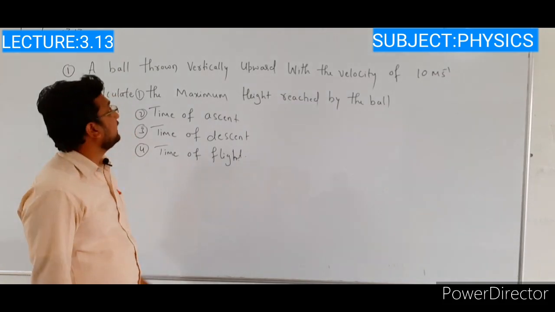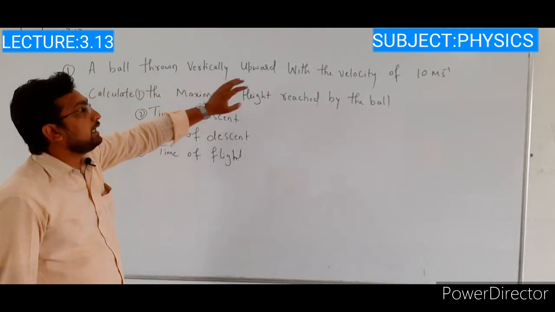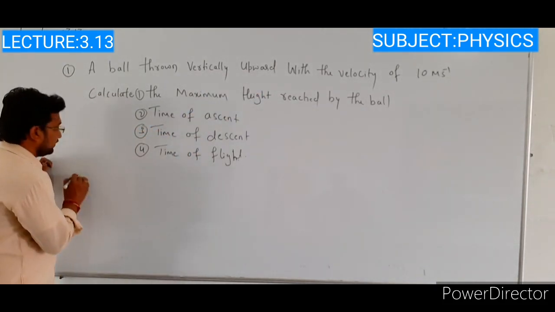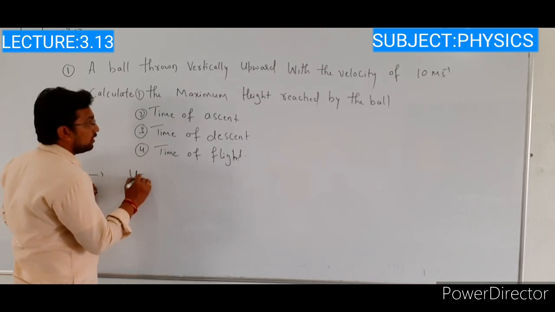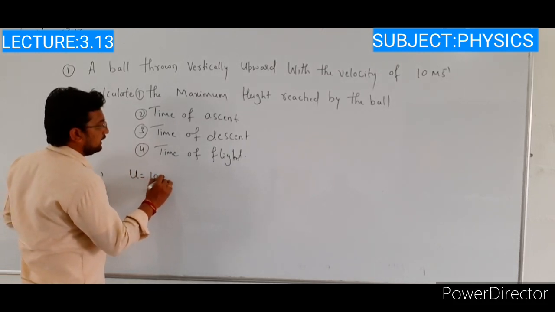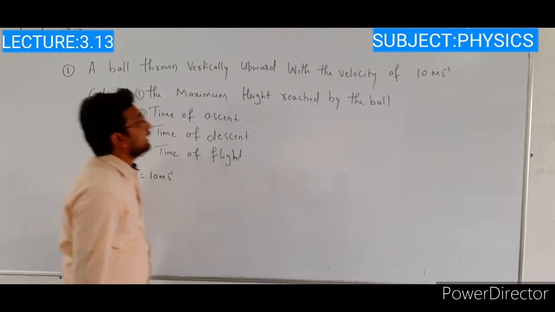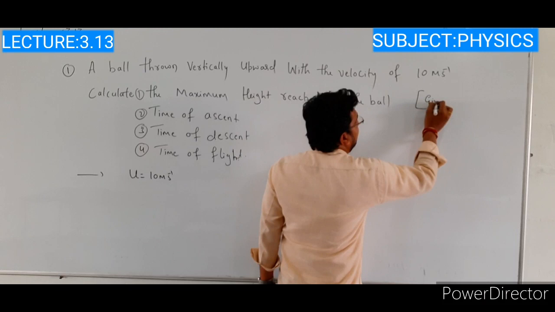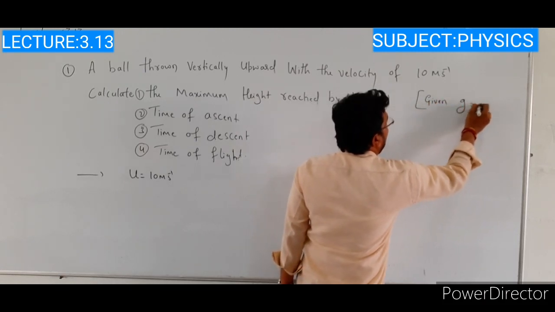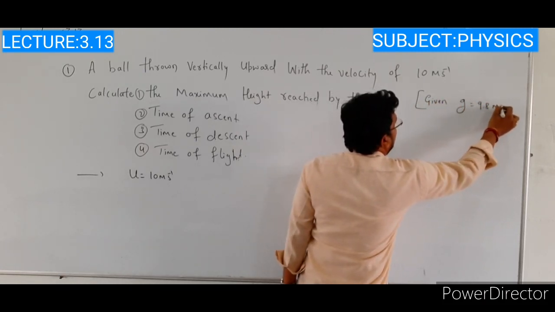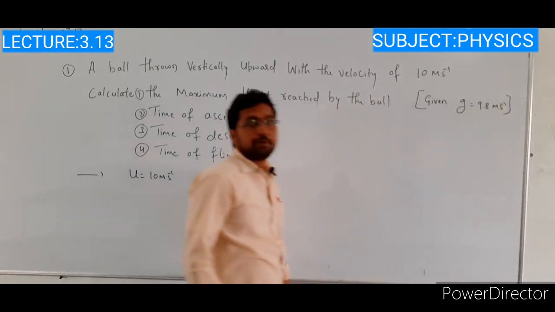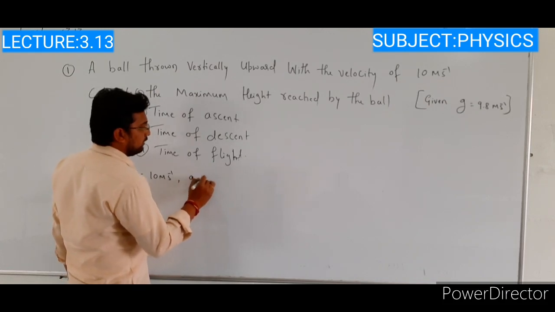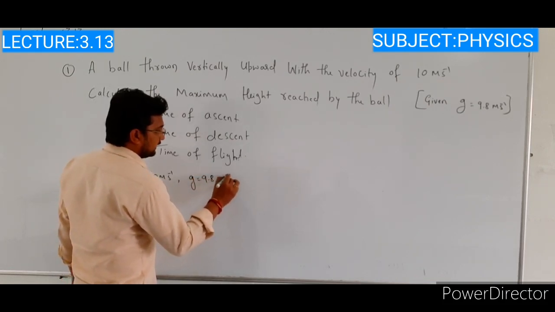Here the initial velocity is given, that is 10 meter per second, and the g value is given, g is equal to 9.8 meter per second square.